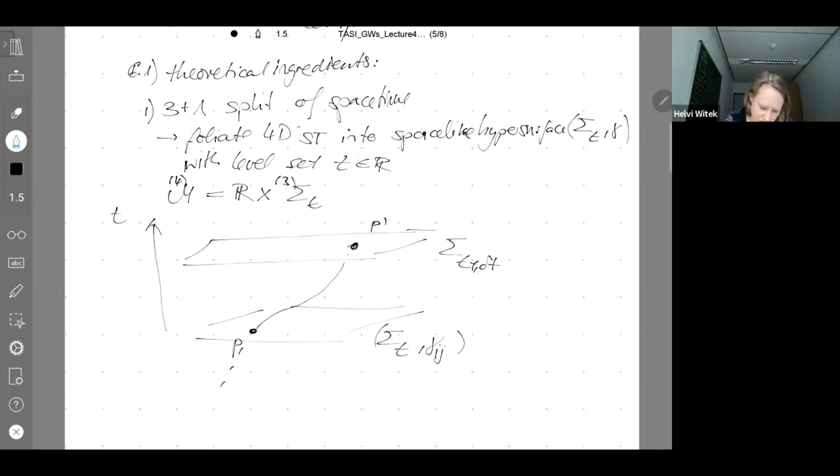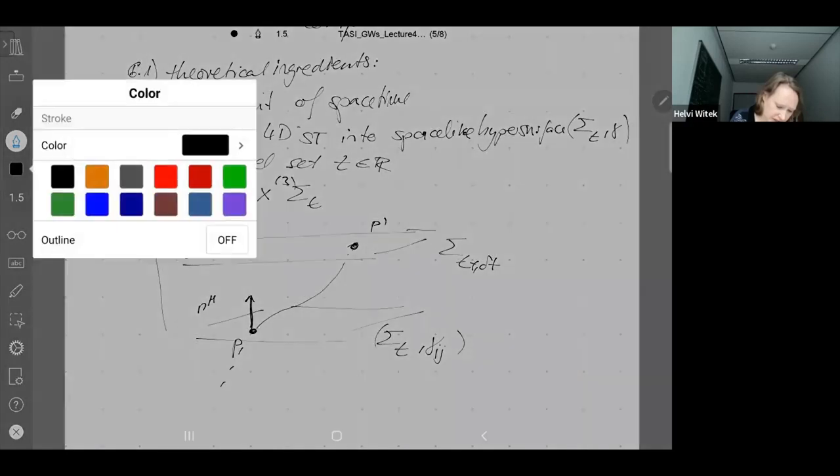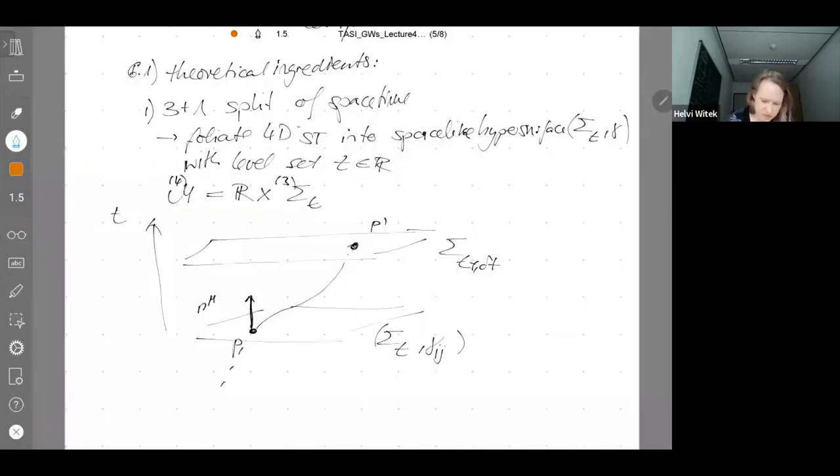So we will introduce a normal vector, which is time-like, n mu. And then, let me work a little bit with colors, we will have a function that is called the lapse function that describes essentially the time that elapses between one time slice and the next as you move along the normal, right? So this here would be the lapse function.